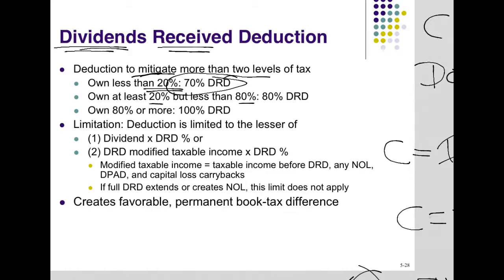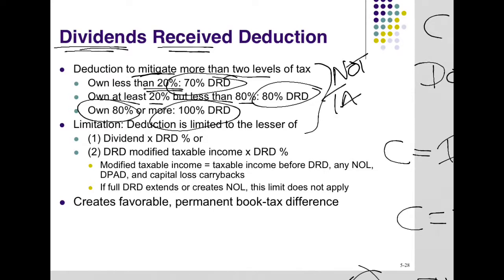If they own 20% to less than 80%, 80% of the dividend received is not taxed. And if they own 80% or more, all of the dividends received from another C corporation are not taxed. So these limits are the amounts not taxed on dividends received, so that the double taxation doesn't become ad nauseum, triple, 4, 5, 6 times, etc. There are some limitations to it, but this is the basic theory, and that's what I'm interested in you knowing.